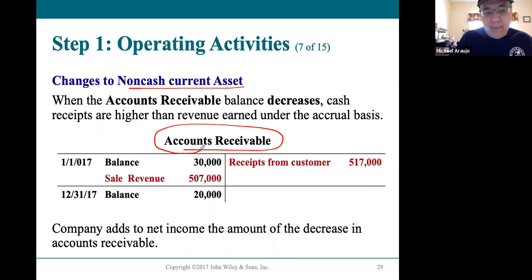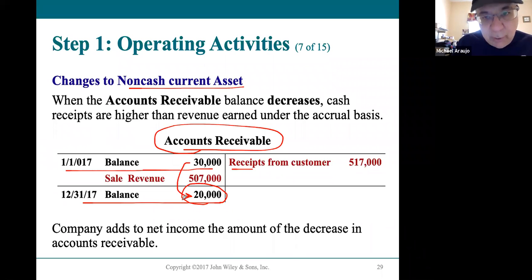So if you started accounts receivable with a $30,000 balance, and you received a lot of money from the customers, and now your balance is only $20,000, well, that means that you had $10,000 of cash coming in to lower your balance. $10,000 more coming in gives you a lower receivable.